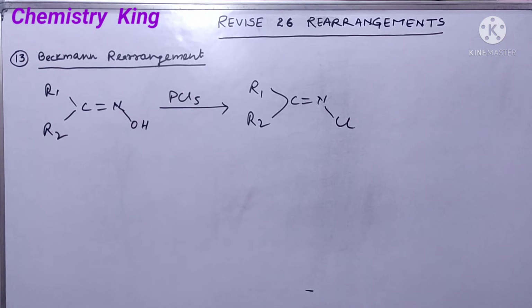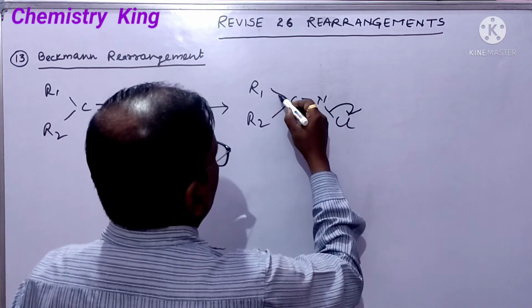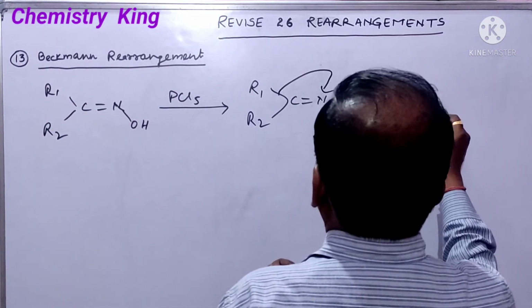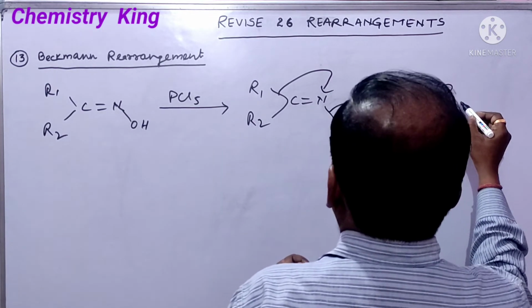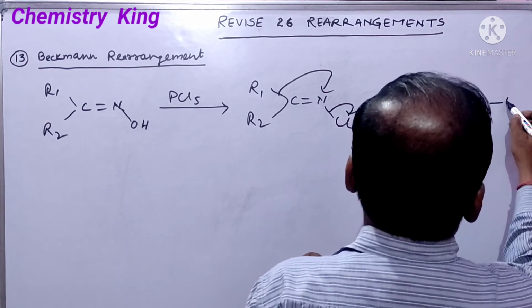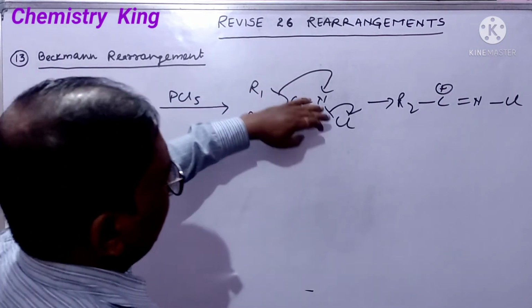Actually, you should know that the Beckmann rearrangement is a trans rearrangement. Trans. So, friends, it will be eliminated and the group will come here, and you will get R2C positive charge, double bond N, and here. Okay, it is trans elimination.